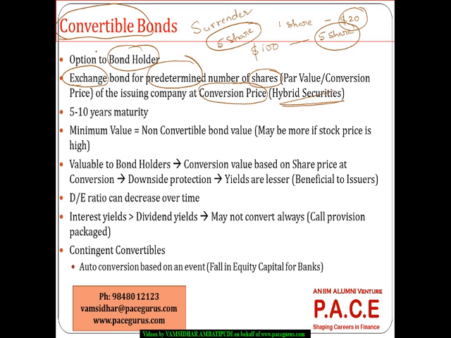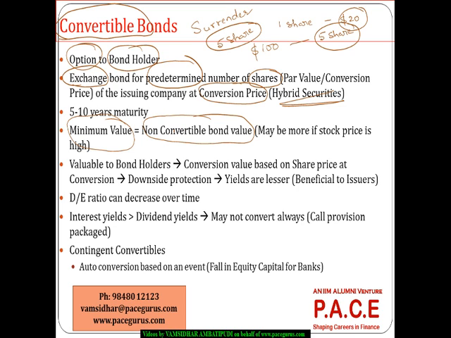But because the option is available to the investor, he can very well choose not to convert it. So he will convert that bond only when he feels that he is better off with the equity rather than with the bond. So the minimum value that you can assure for a convertible bond is the non-convertible bond's value itself.